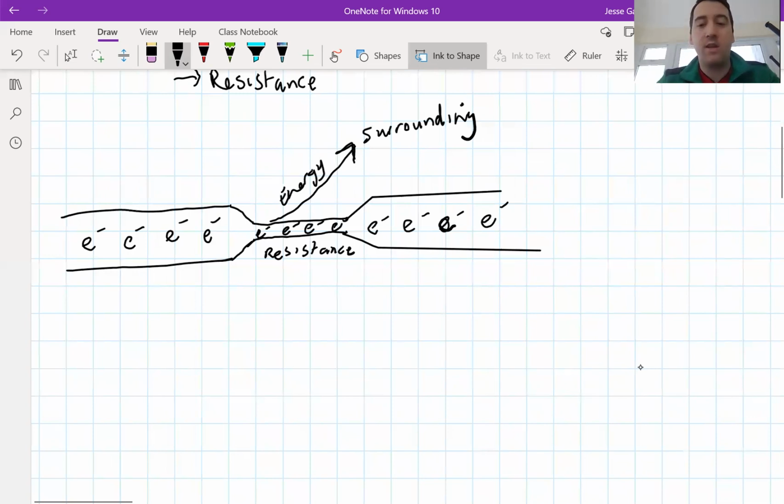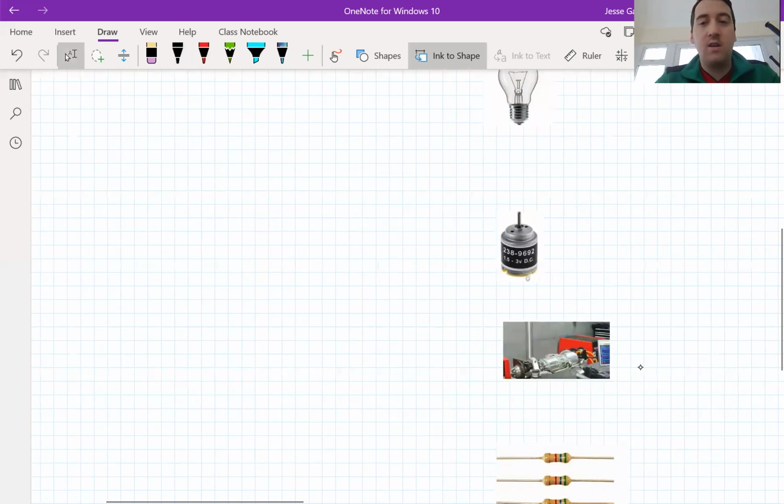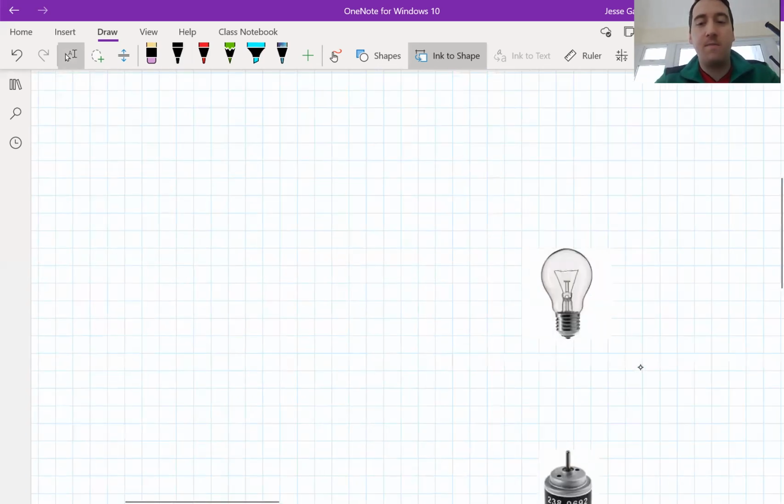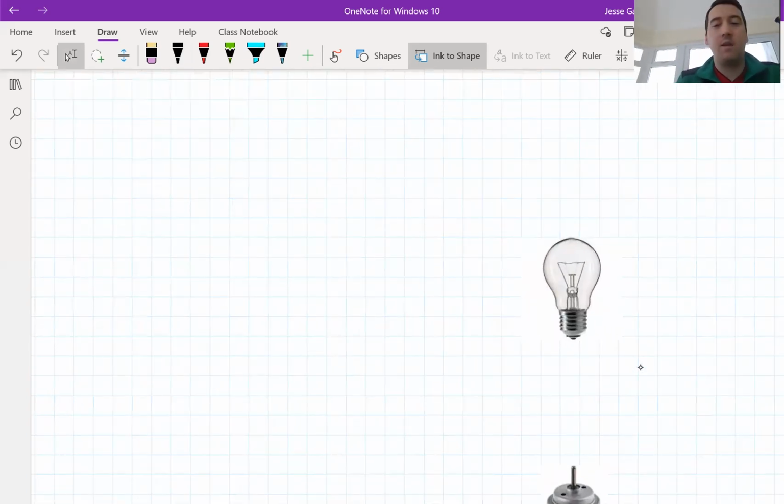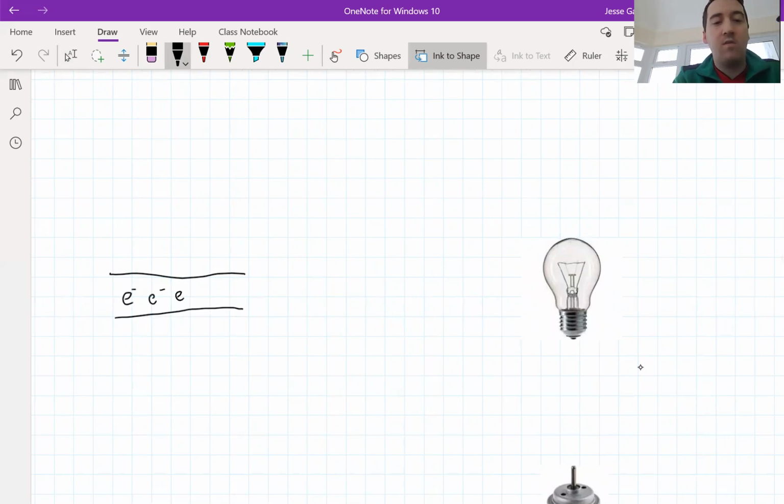The first thing we're going to consider is the device that is this guy, the light bulb. Now, if we were to draw the scheme of the light bulb, like we just did, we've got our coulombs of electrons moving. And again, how quickly are they moving? That would be the current. The current depends on the potential difference.